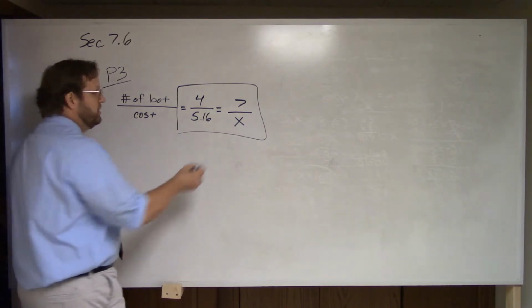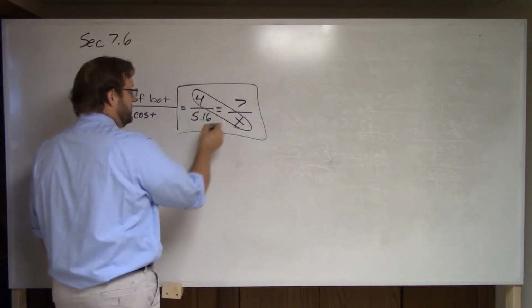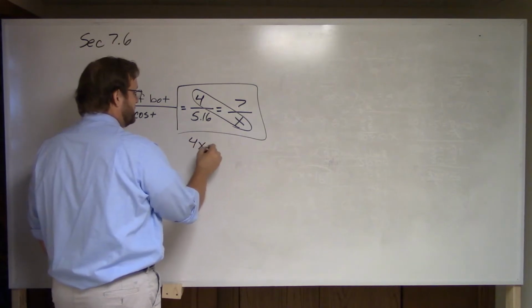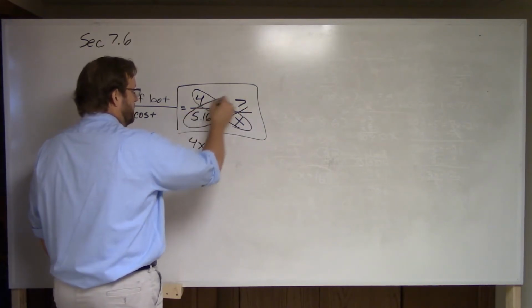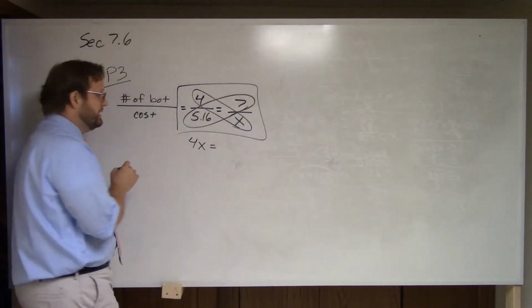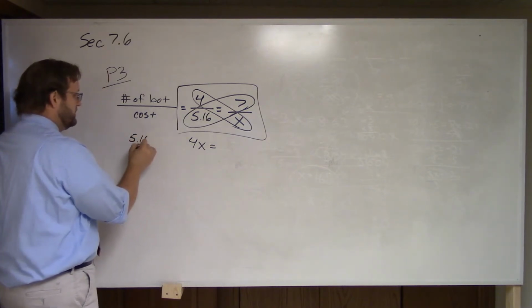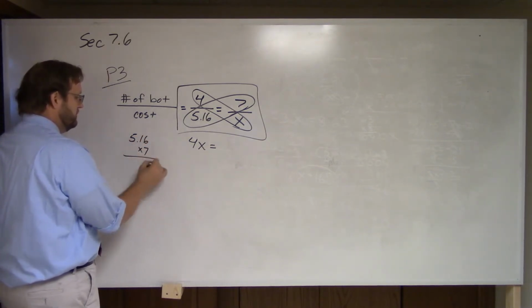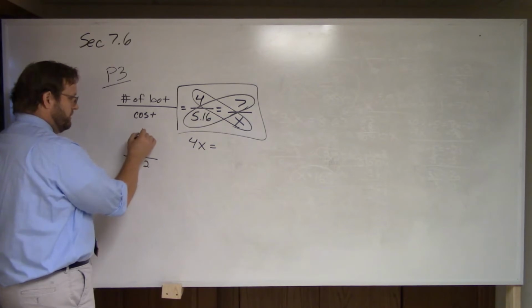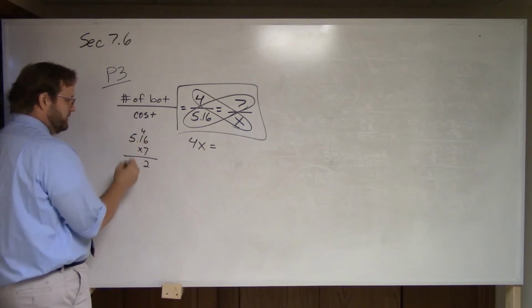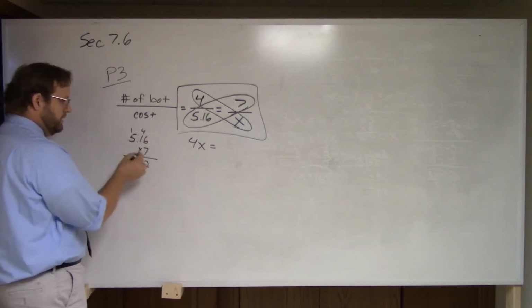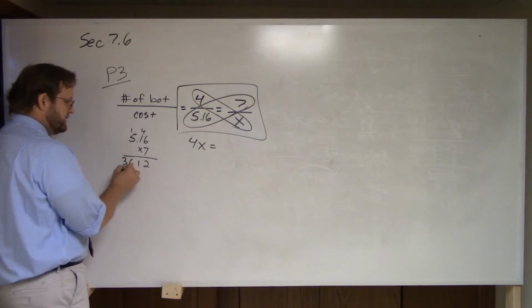When I solve that, I'm going to do my cross multiplication. I have a 4x, and then here I'm going to have to multiply that out. Again, $5.16 times 7: that's a 2, carry a 4. 7 plus 4 is 11. 35 plus 1 is 36.